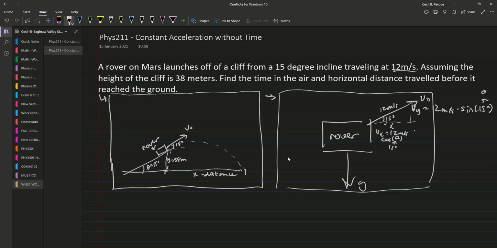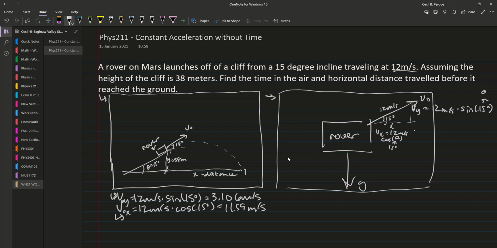So if we just write this at the bottom, then Vy is going to be equal to 12 meters per second multiplied by sine of 15 degrees, or 3.106 meters per second. The V0 in the x direction is going to be equal to 12 meters per second multiplied by cosine of 15 degrees, or 11.59 meters per second.